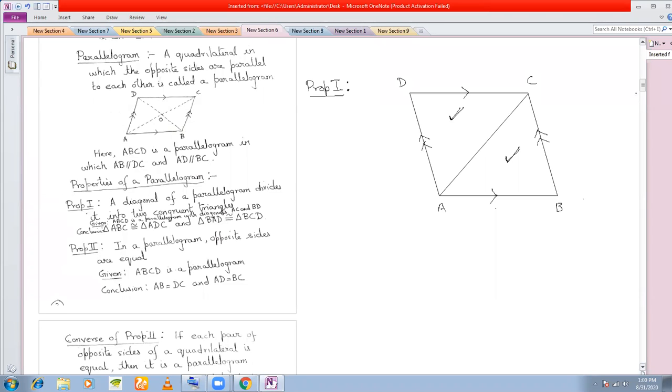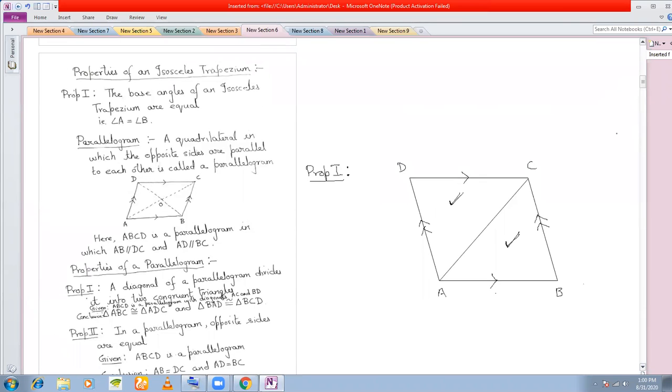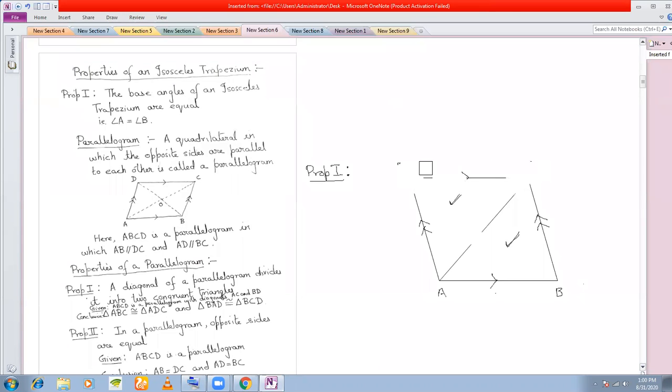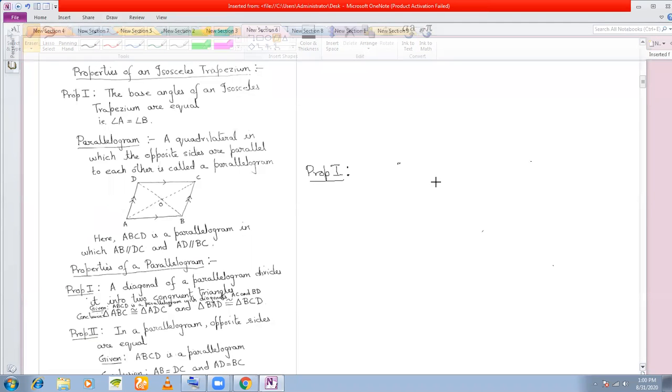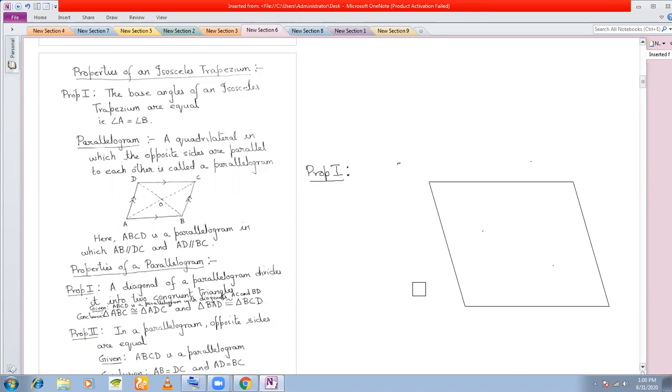Similarly, if I give you another parallelogram, okay, I give you this parallelogram.